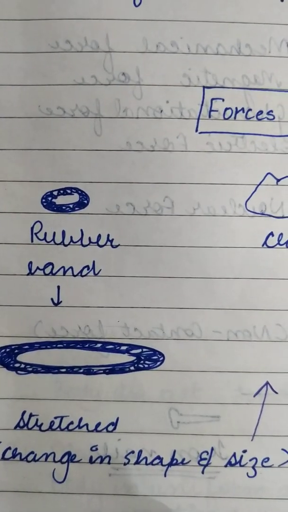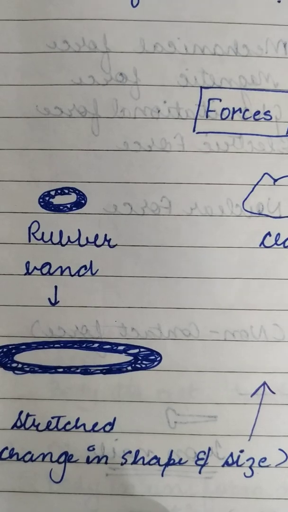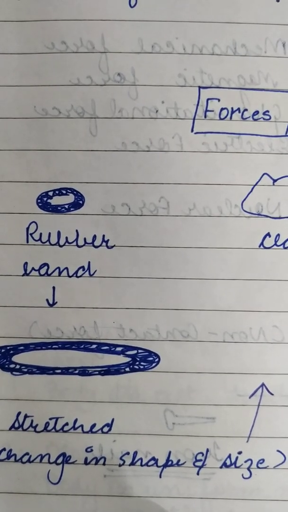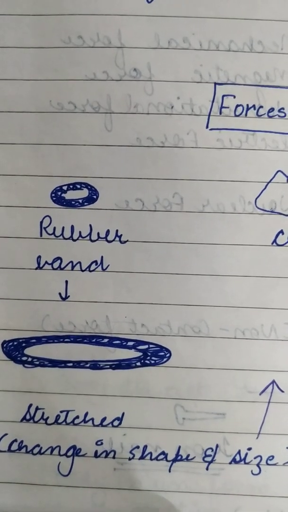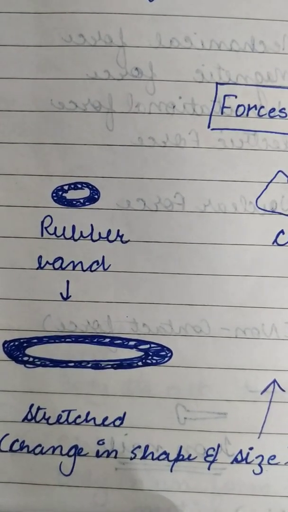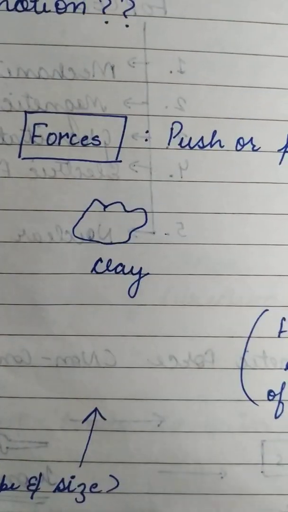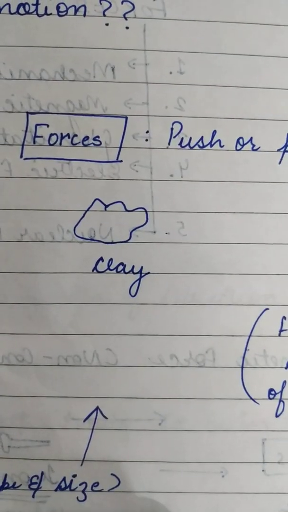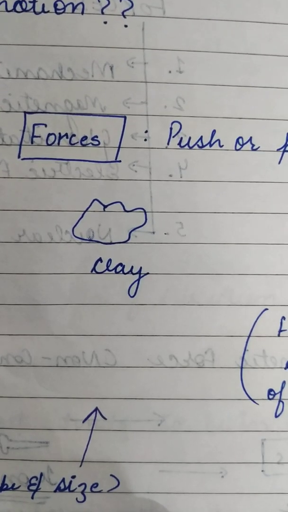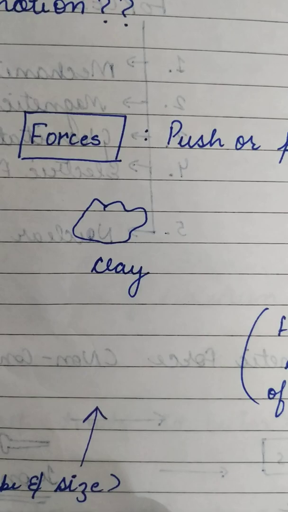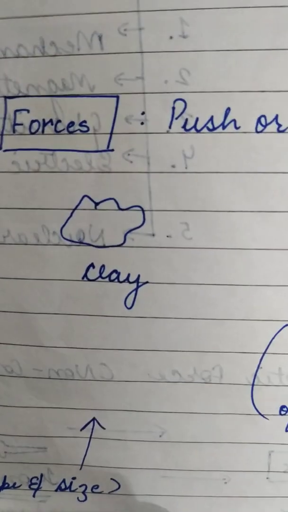Let us look at some examples to understand what a force can do. For example, we talk about a rubber band. If we stretch the rubber band, there is a change in shape and size of the rubber band, and when we release it, it comes to the normal shape, that is the round shape. Similarly, when we talk about molding clay, when we try to form shapes and objects with it, we see that we form the clay into different shapes.